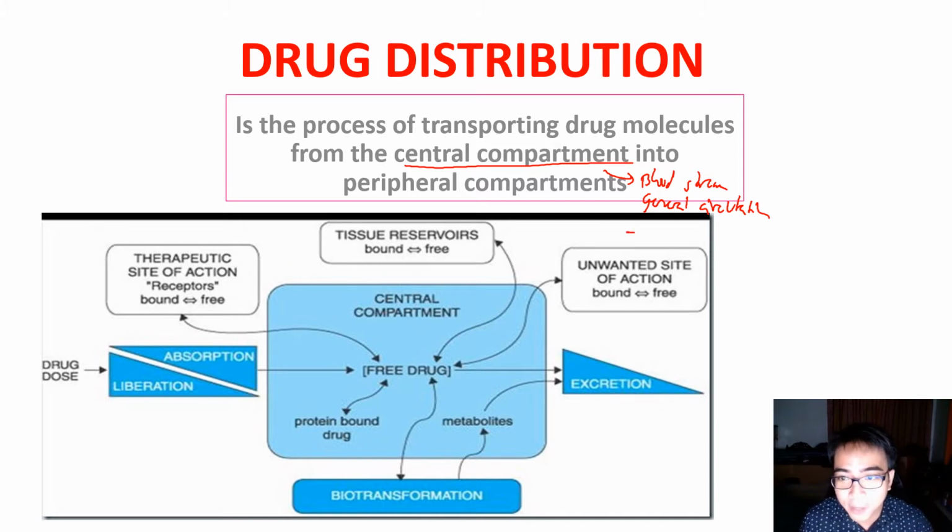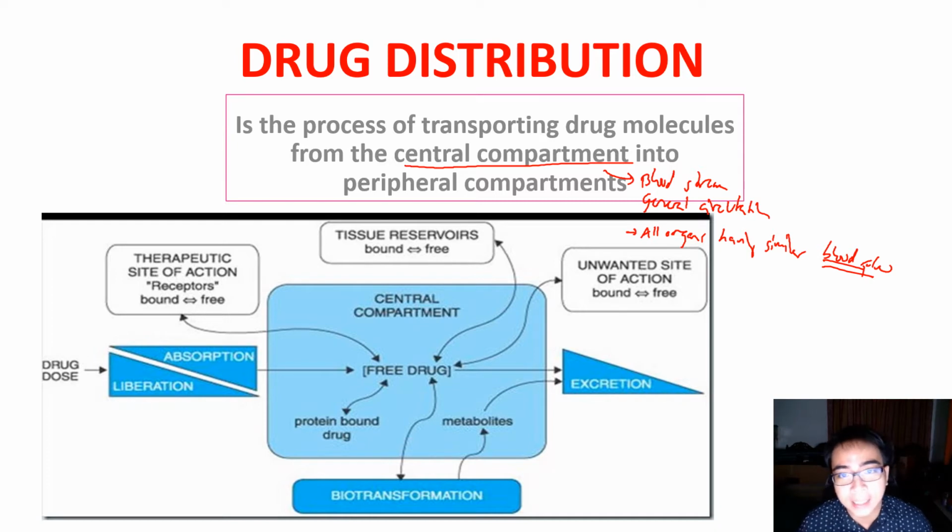We are referring to all organs having similar blood flow. I'm talking about blood flow here, class, because this will play a significant role in terms of distribution.